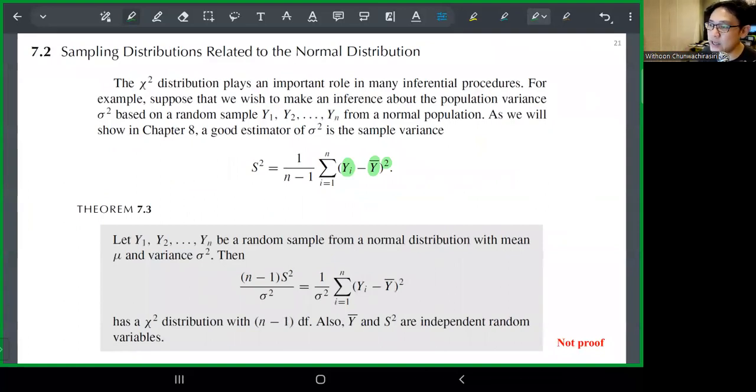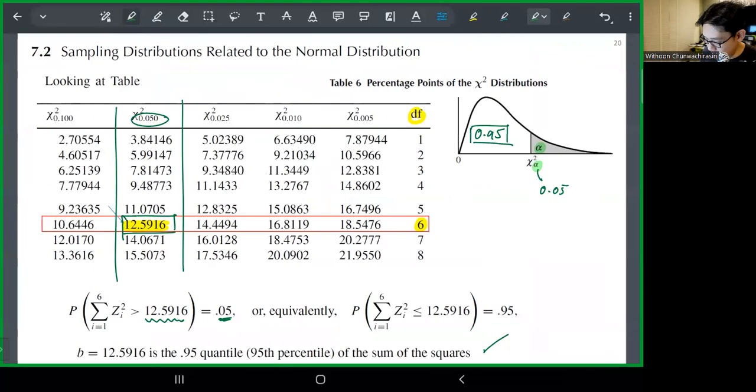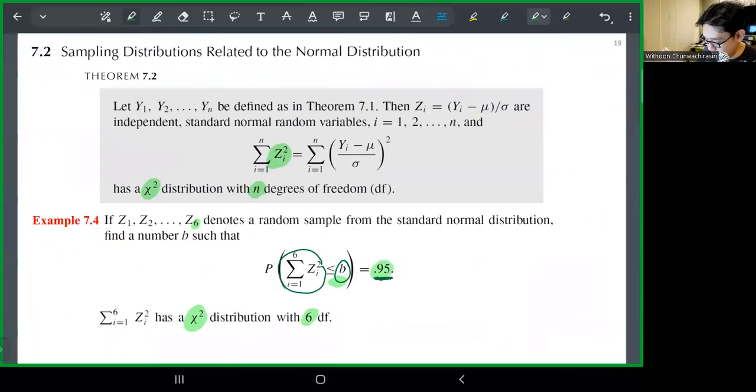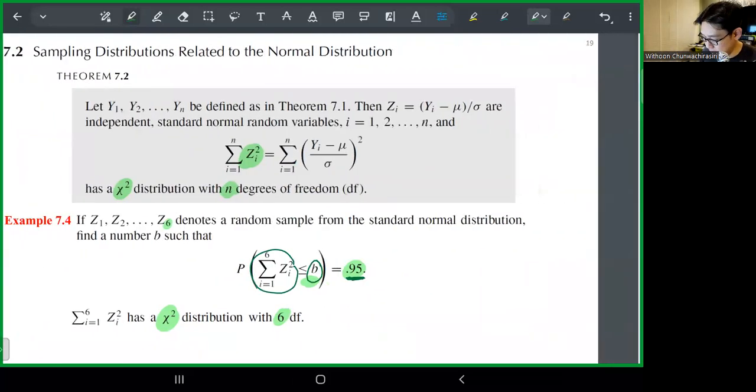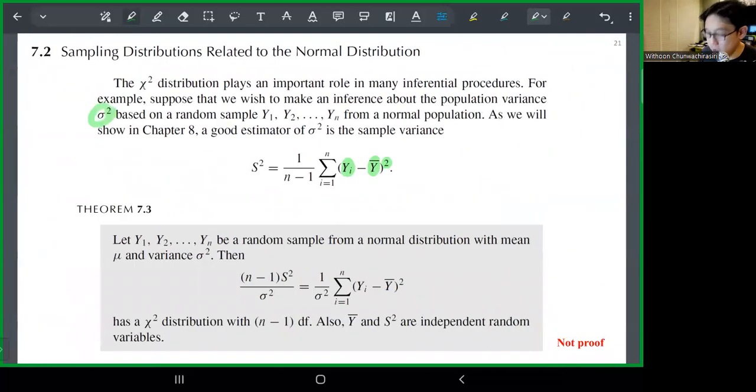But there is one more thing that we want to add on top of this. Suppose that we wish to make an inference about the population variance. What we did before was just inferring the mean. But what about inferring the population variance? What will be the estimator of that? From what we have seen, Y bar seems to be a pretty good estimator for the mean of the population.